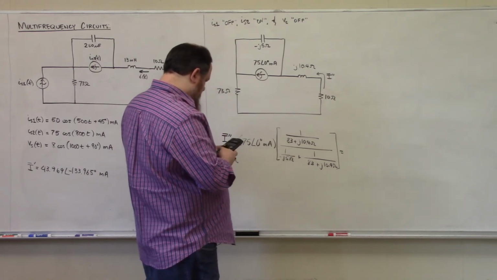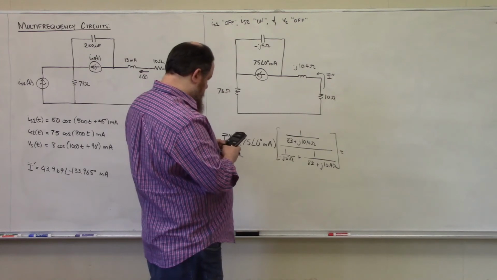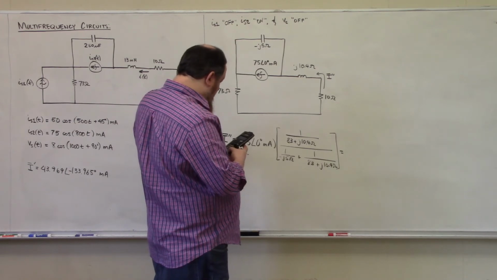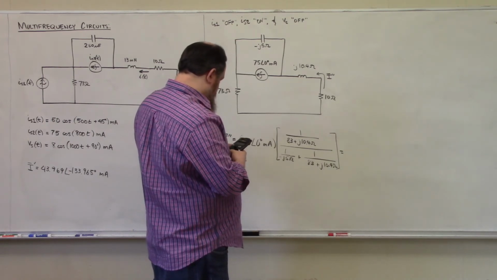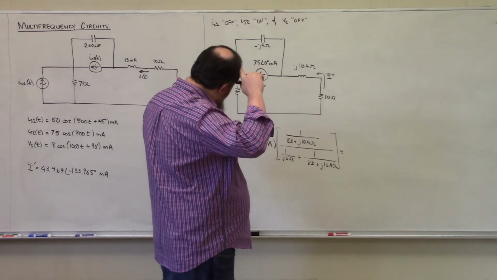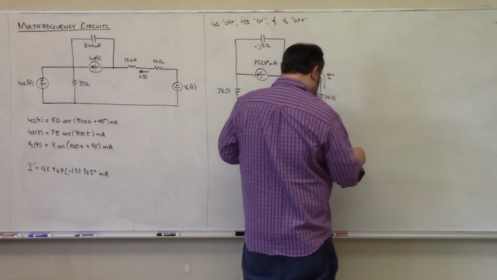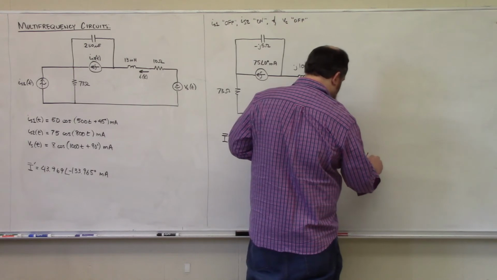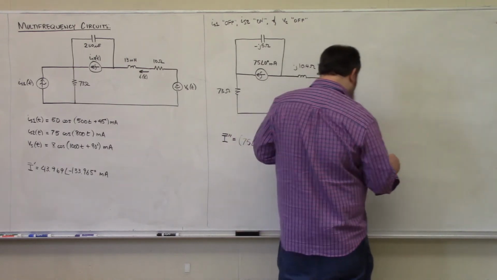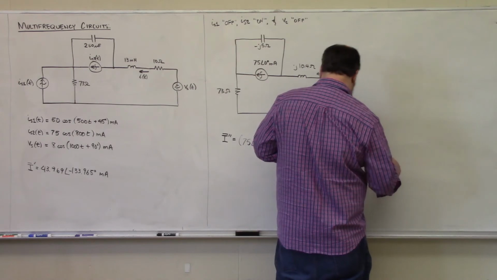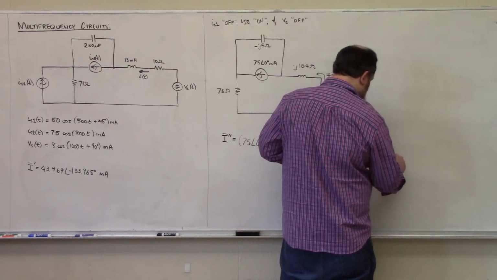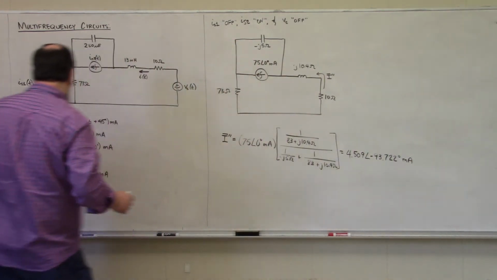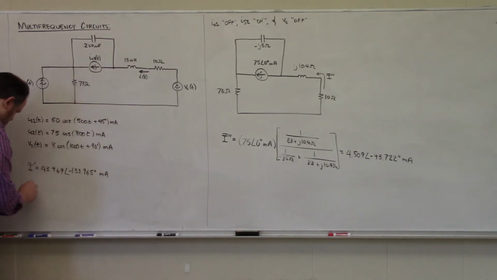Dang it, these TI calculators don't like it when you press buttons really fast, so I have to slow down. So I got 4.509 angle negative 93.722 degrees milliamps. So let's come over here and write this down.